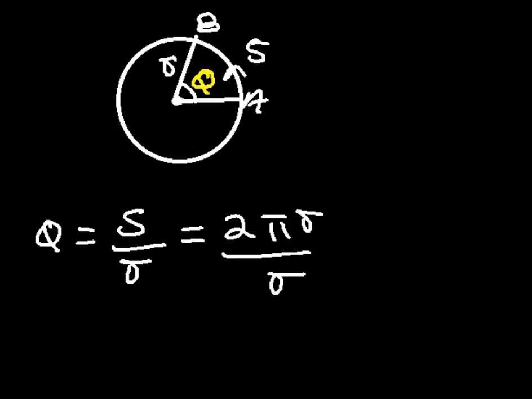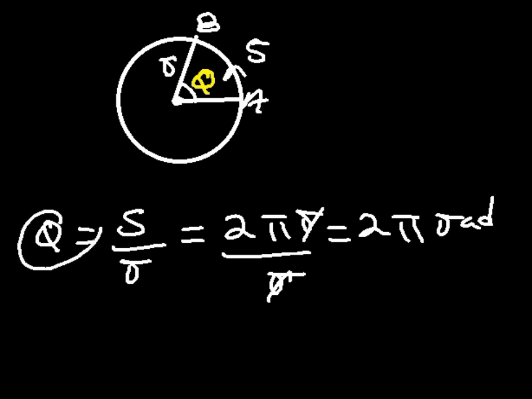So these cancel, giving 2 pi. Which means the angular displacement can be given in radian measure using this relationship. So one complete turn corresponds to 2 pi rad. So take note of that.